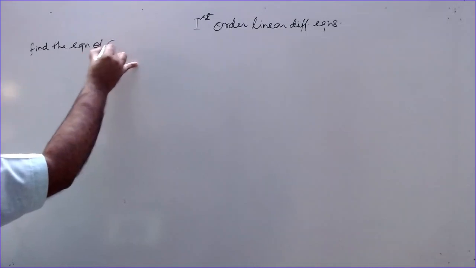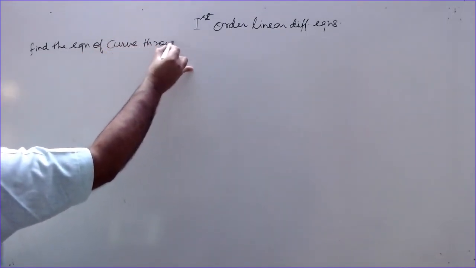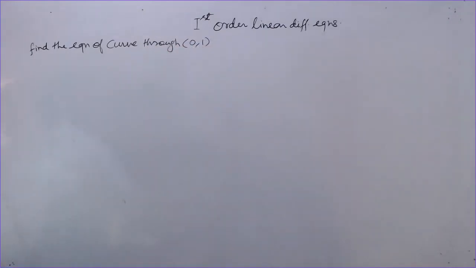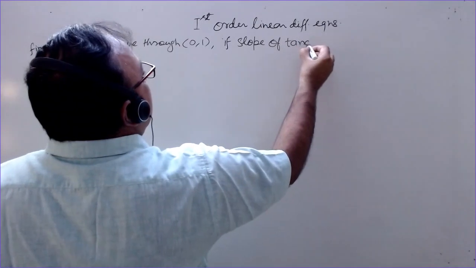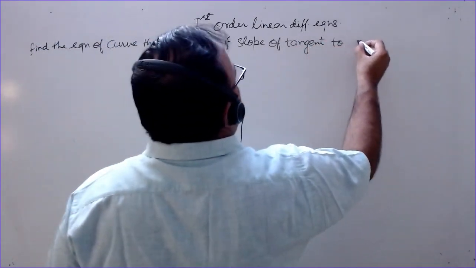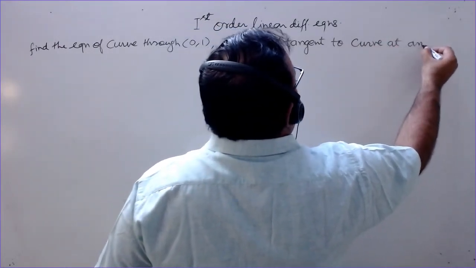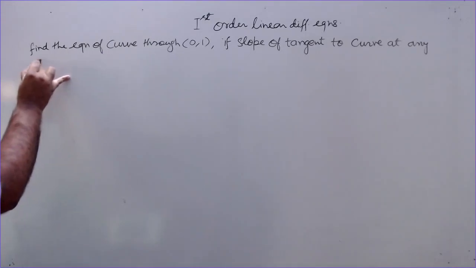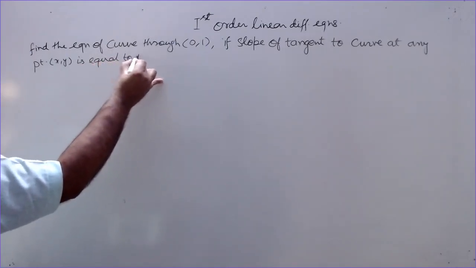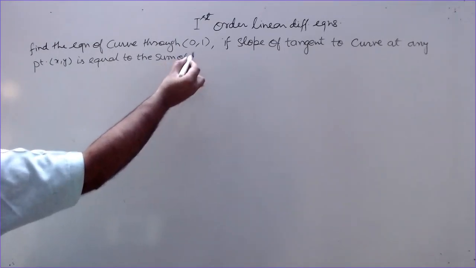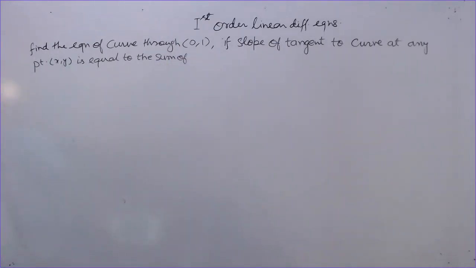Find the equation of a curve through the point 0, 1 if slope of tangent to the curve at any point xy is equal to the sum of x coordinate and product of x and y coordinate of that point.